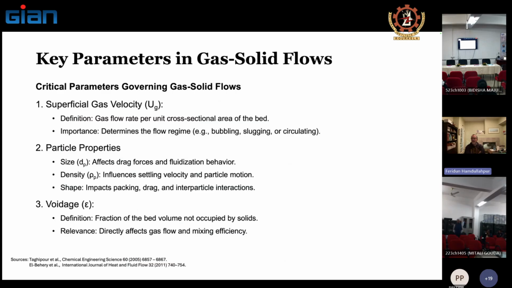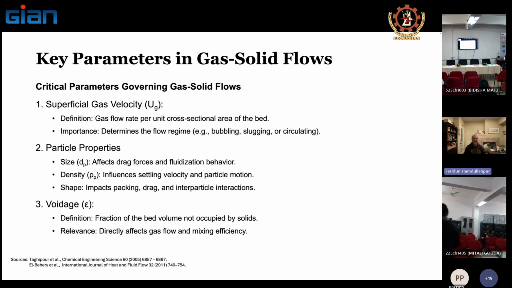So what are the key parameters in starting to think about these kinds of vessels? We need to understand the superficial gas velocity. Why do we call it superficial gas velocity? If you had the vessel just empty with nothing in it, and then passed the air through it, you divide the volumetric rate of air by the cross-sectional area, and you'll have the velocity.